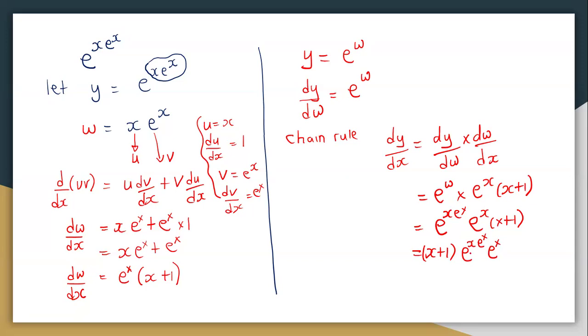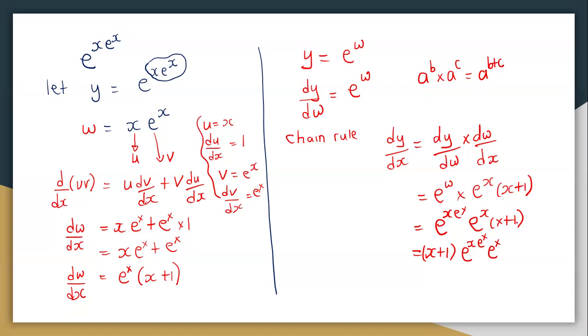Now, when you look here, you notice that this e and this e are the same. And you know from indices, whenever I am multiplying a^b times a^c, numbers of the same base, I can always add the powers. So this means a^(b plus c).